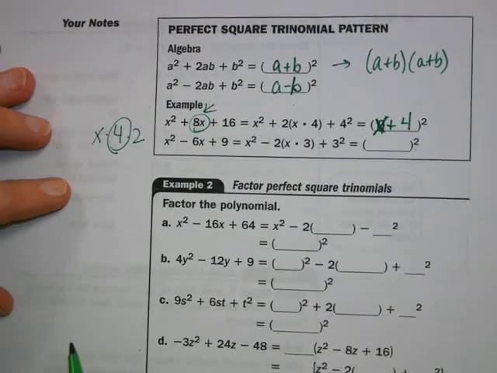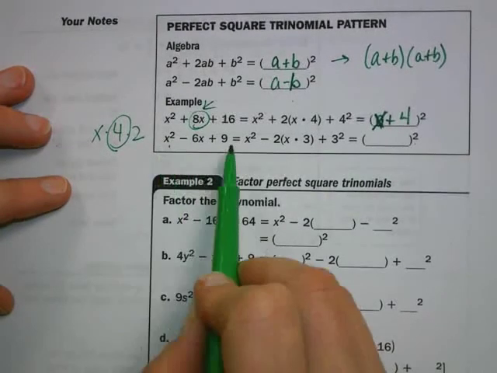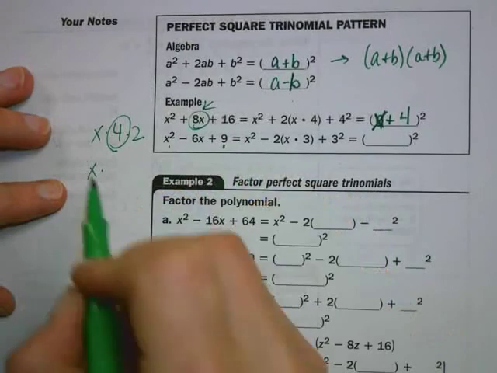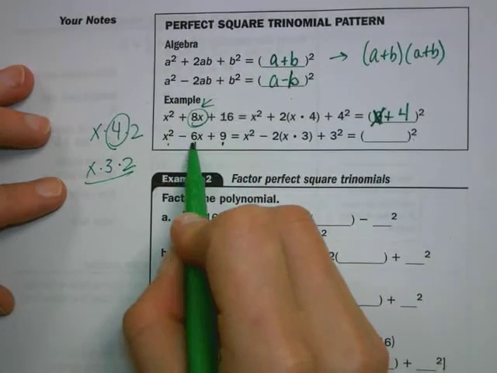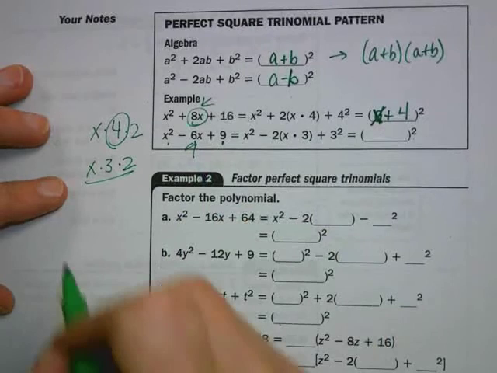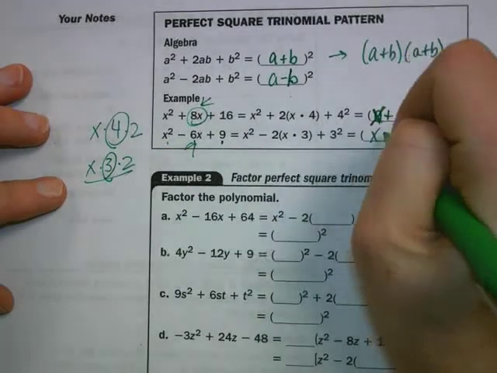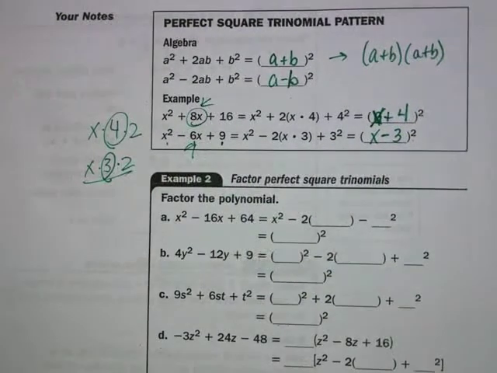Okay? So now this one has a minus sign. That's okay. Perfect square? Yes. Perfect square? Yes. X times, what's that? 3 times 2. That's 6. So there's my number that I multiplied by 2. It's the 3. So this becomes x minus 3 now, because there was a minus sign there, and it's squared. All right?